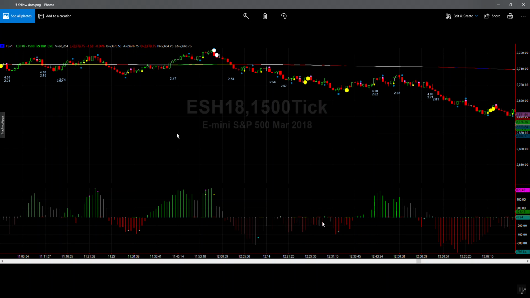So this is more of a leading type of indicator. It's not non-lagging. It's more a leading type, because this is not the time it's going to happen. It's just telling you that the selling is getting weaker here, and the selling is getting weaker here. And finally, we see over here it gets a cyan dot.